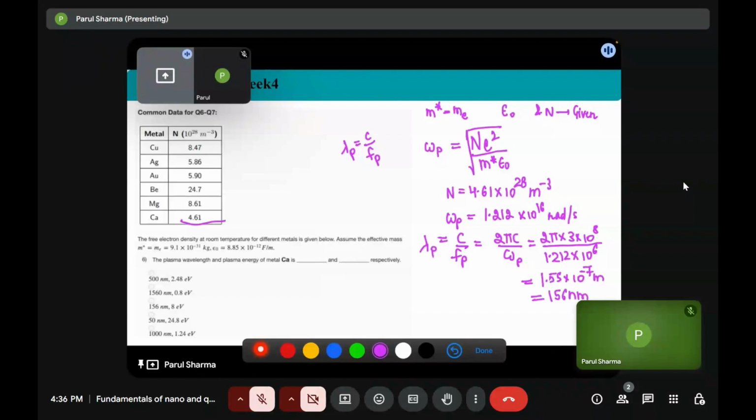The next question, omega p. We want to find out the plasma energy, which is h cross omega p, which will give you seven.